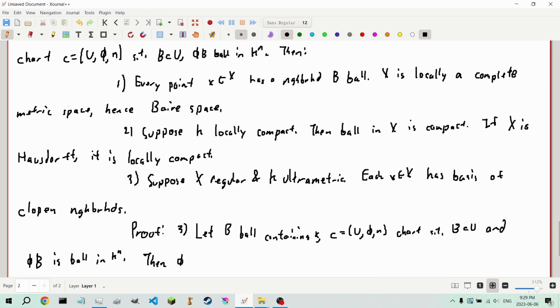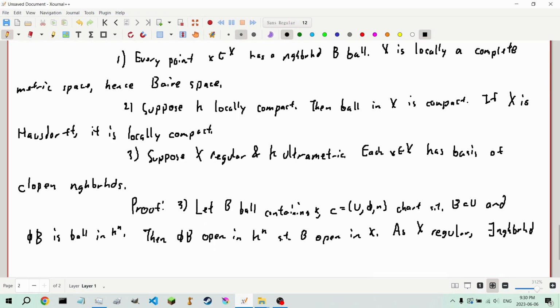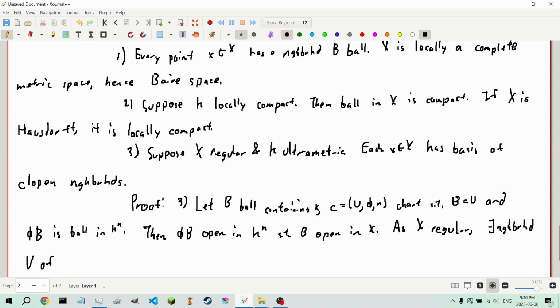And then, of course, phi of B is open in K^n, so that B is open in X. As X is regular, there's a neighborhood V of x such that this is a neighborhood inside of B and V is closed in X.